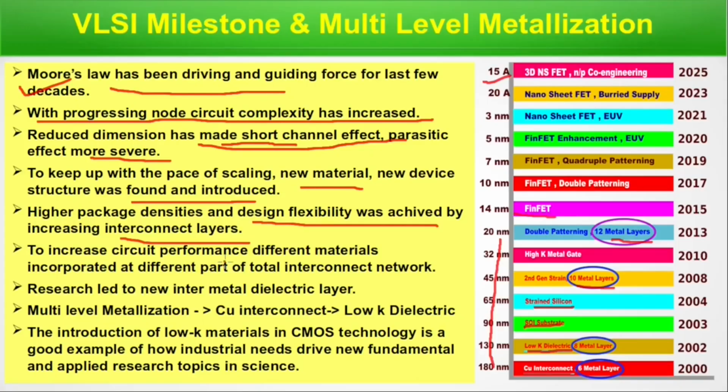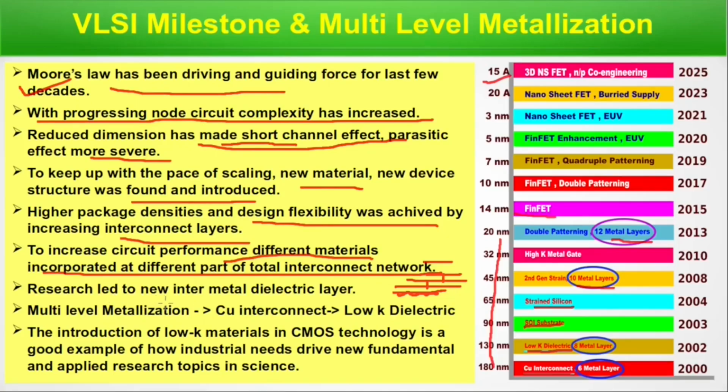To increase circuit performance, different materials are incorporated at different parts of the total interconnect network. At the wafer, there are devices, and above it, these interconnects are used and interconnected with each other through via. So these all are part of the interconnect network, and at different points, different materials are also used.